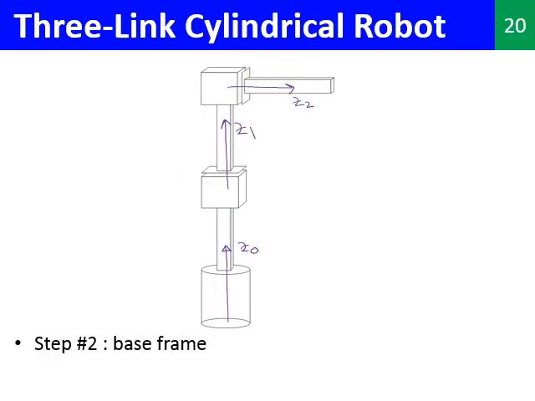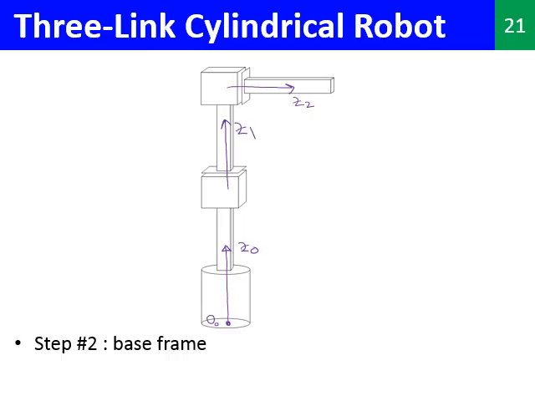Step 2, the base frame. We can start by choosing the origin of the base frame, and the origin O0 can be anywhere along the Z0 axis. But the natural choice should be the point where Z0 axis intersects the ground surface. So we will mark O0 here. Okay. So now we have Z0 and O0, and we are going to choose X0.